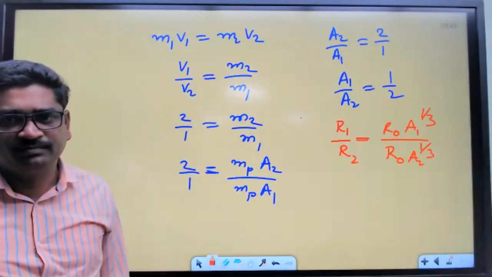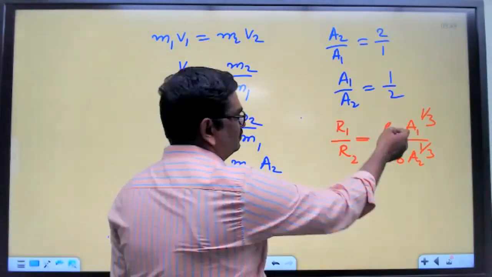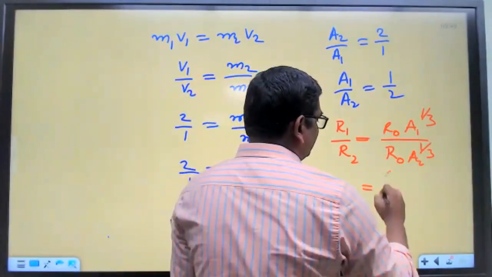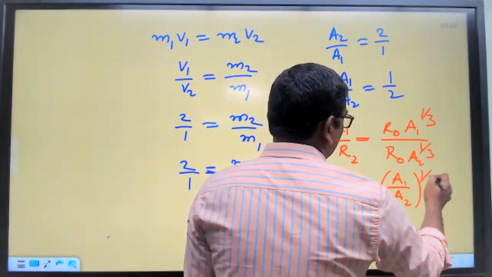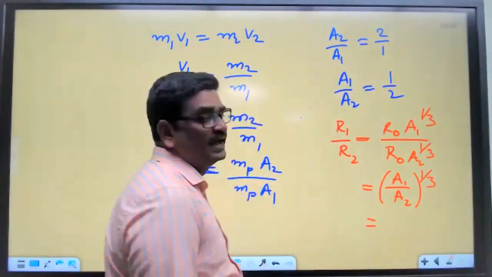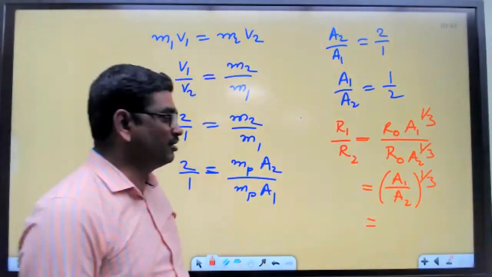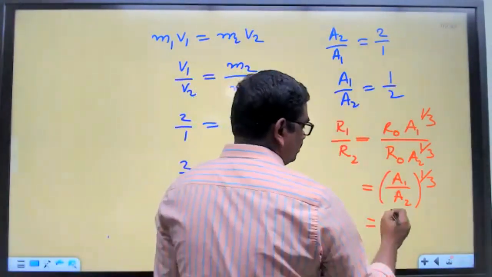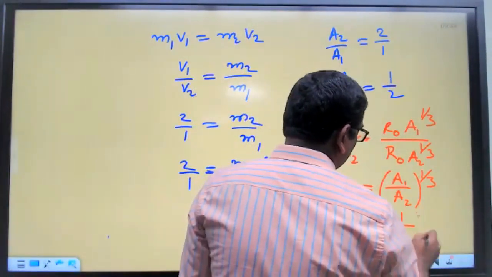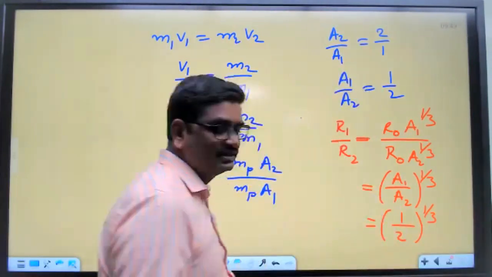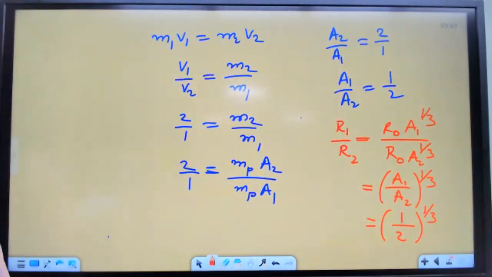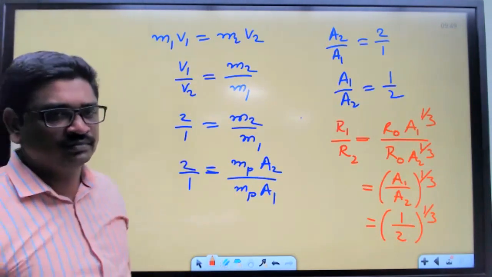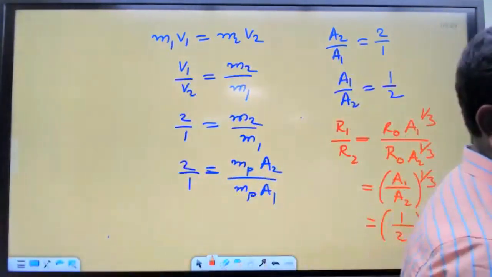Cancel R0, then A1 by A2 whole power 1/3. The value of A1 by A2 from here is 1/2, so 1/2 whole power 1/3. That is the answer, so the fourth option is the correct one.